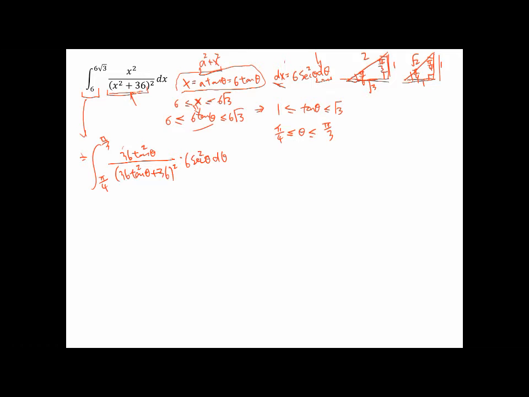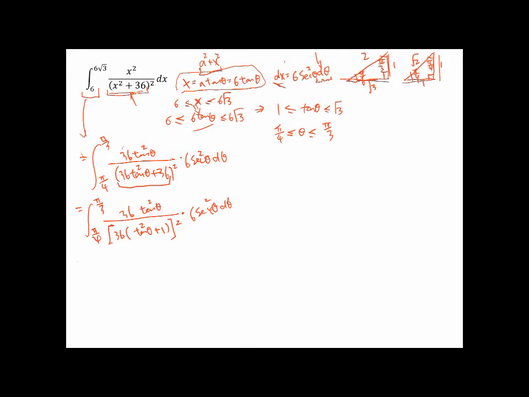Okay, try to solve this part out and see what can be cancelled. Pi over 4 to pi over 3, 36 tangent theta squared. Okay, I want to write one more step. I take the 36 out: tangent theta squared plus 1, squared, by 6 secant theta squared d theta.